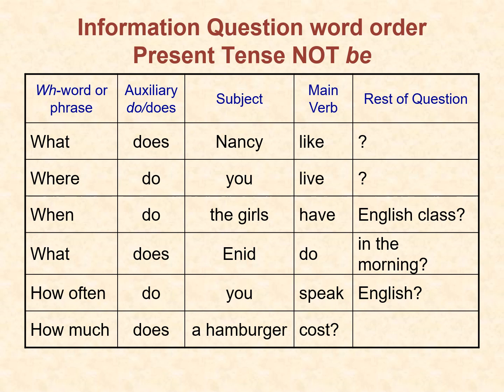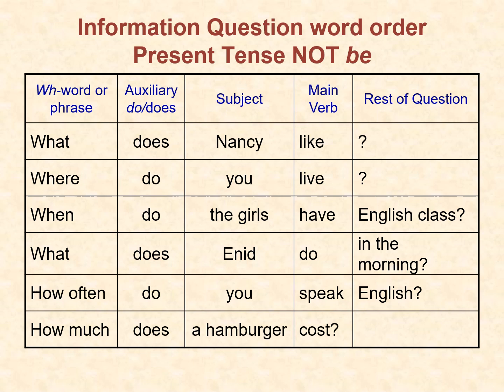Since the present tense verbs do not have an auxiliary automatically, when we go to make a question, we have to use an auxiliary. We have to get an auxiliary. And so in English, when there is no other auxiliary, we use do or does in the present tense.